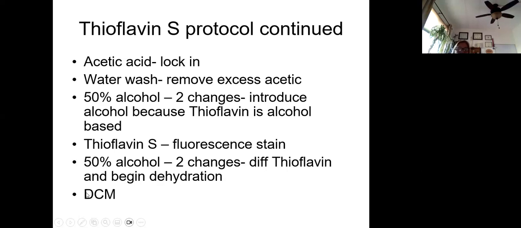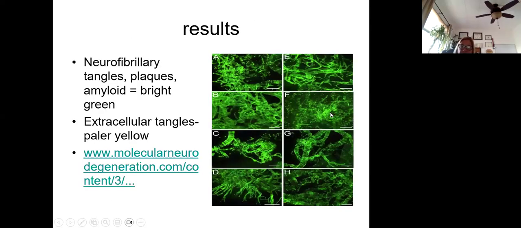Then these alcohols and your DCM are going to pull any of that excess water out so that we can fluoresce. Neurofibrillary tangles, plaques, and amyloid are all going to be bright green.